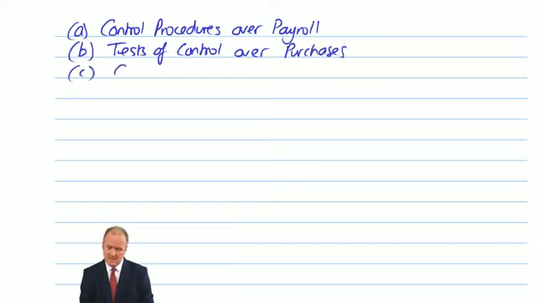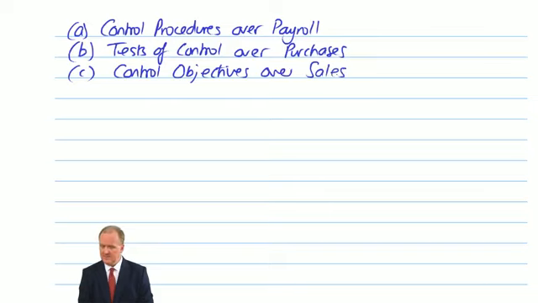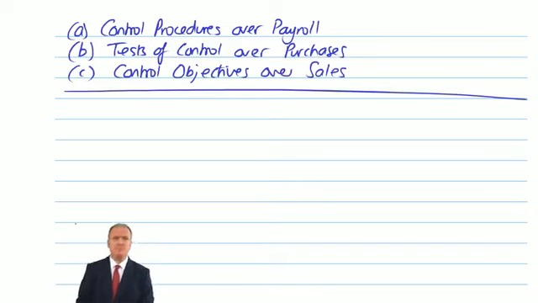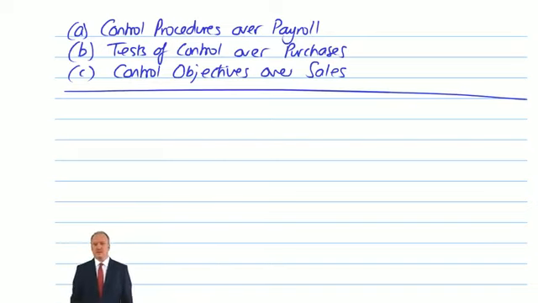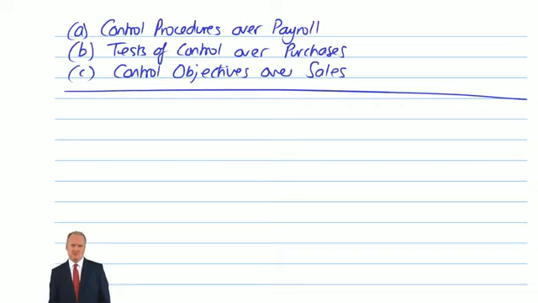Part C, control objectives over sales. Three questions, and not in the nicest thought order.